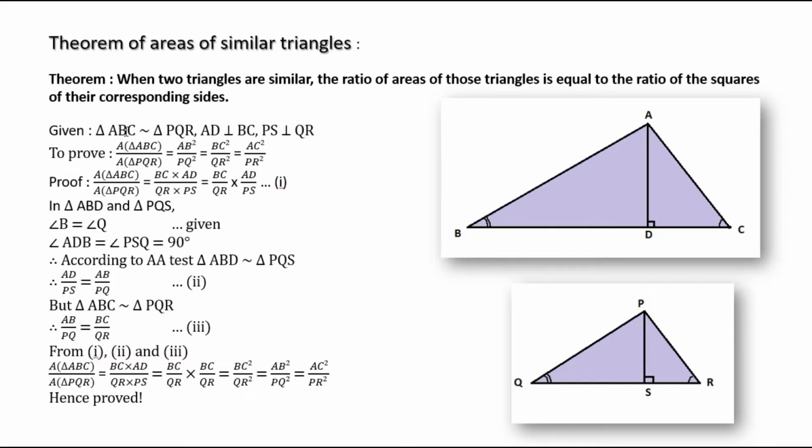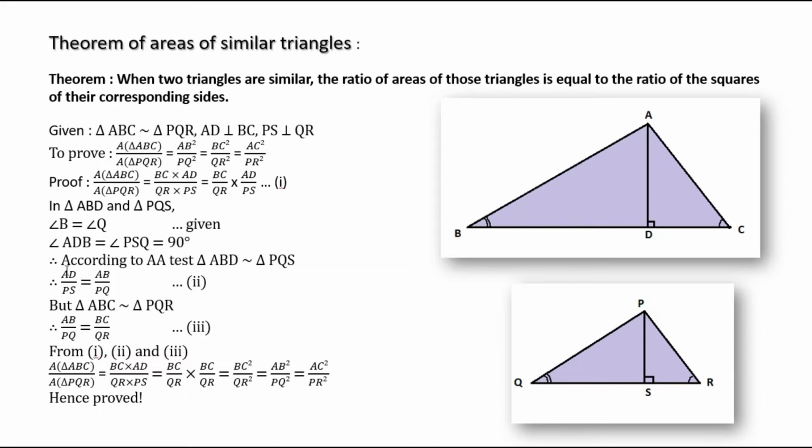B and Q, these two letters are placed in the middle, between A and C, and P and R. So B and Q are congruent. This is given because of the identical mark. Angle ADB is equal to angle PSQ, which is equal to 90 degrees. We can observe here that angle ADB and angle PSQ both are 90 degrees.